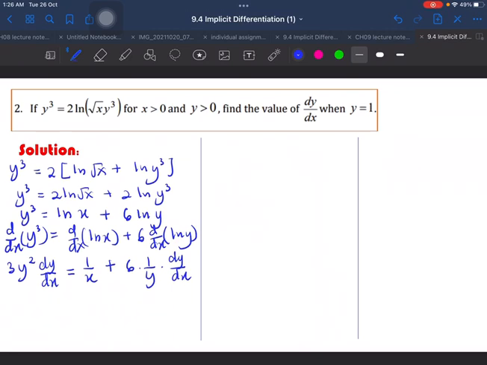We can get 3y cube, class, minus 6 over y.